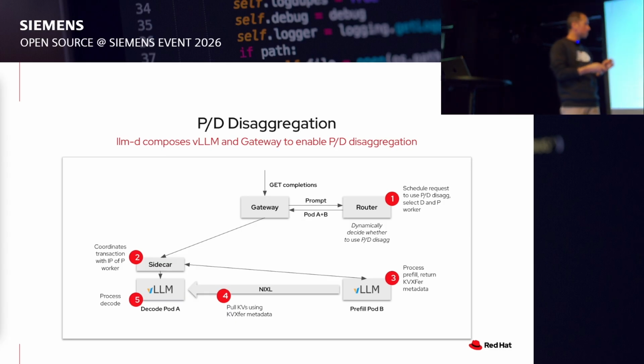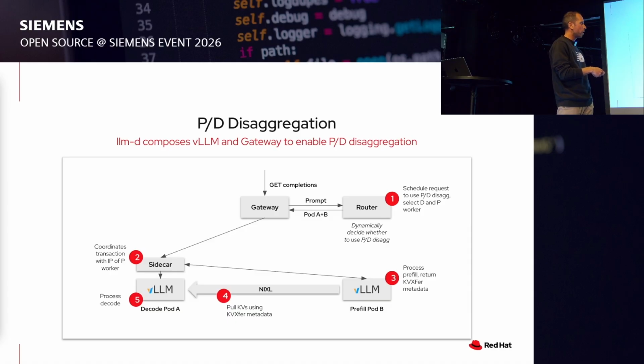How does this work? When the request hits the gateway, the router makes a decision according to all the things that it knows already. It sends the request to a vLLM model server pod, which delegates the prefill phase to a prefill dedicated pod, because it knows about prefill-decode disaggregation.